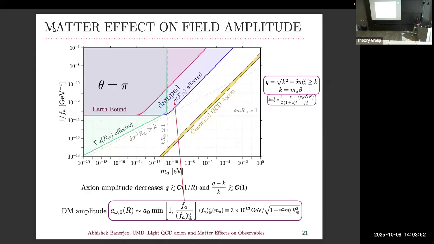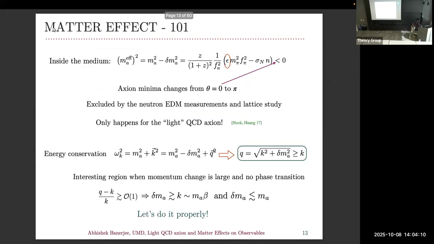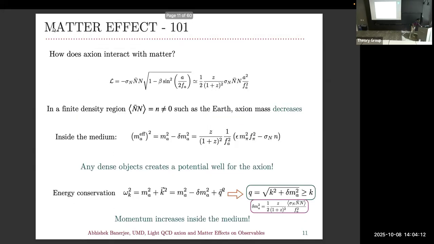But the exclusion in the red is coming from neutron EDM. In the neutron EDM measurement, do they also suffer from this matter effect? Or, I mean, at that time, as I said, I was expanding around theta close to theta equals 0, right?